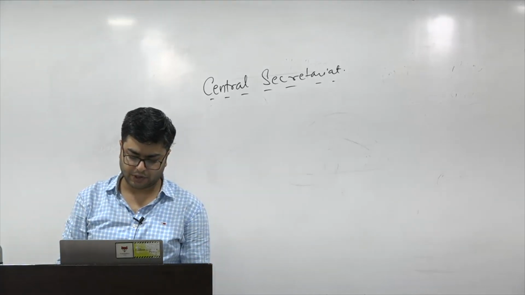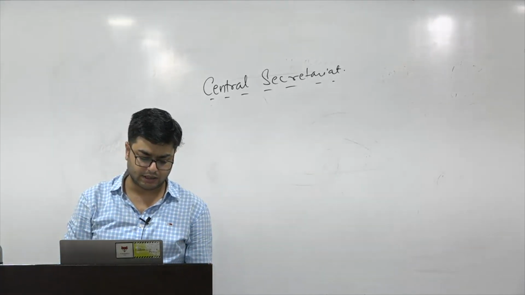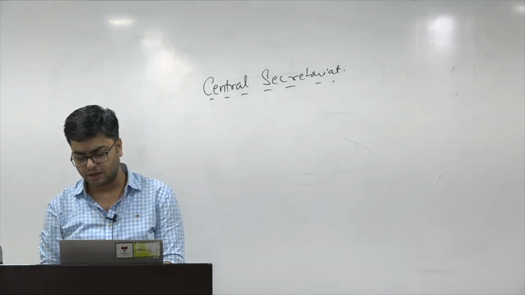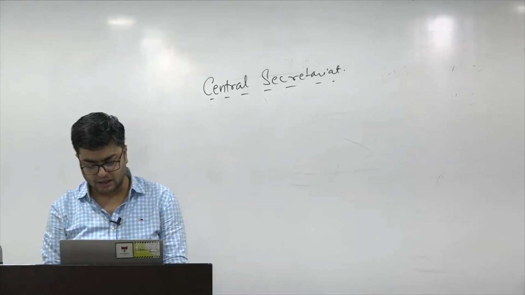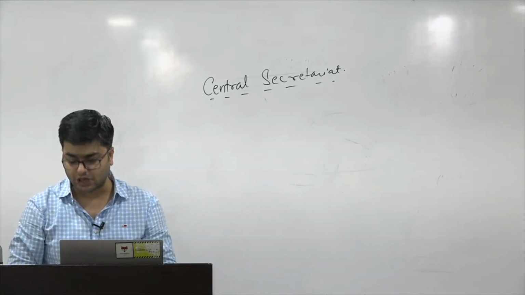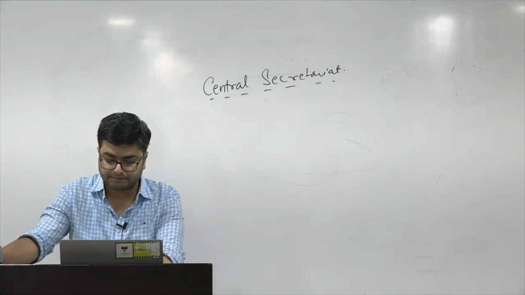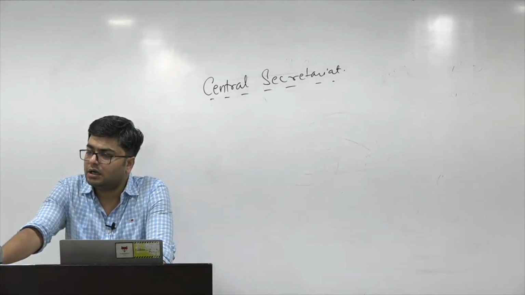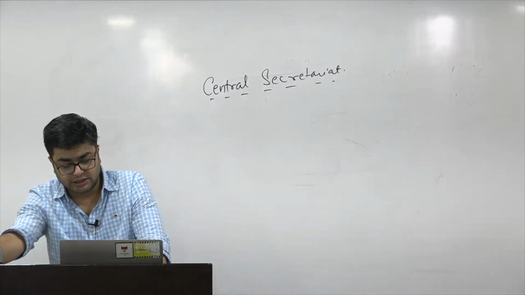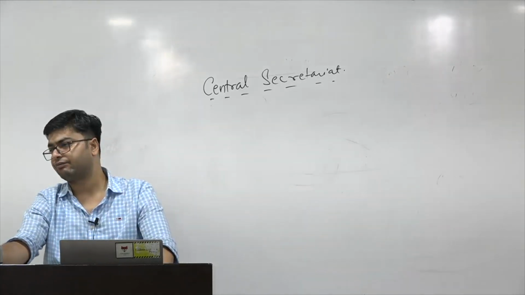So you see, under the Indian Constitution, while the executive is largely in charge of the day-to-day affairs, the governance happens at three levels: center, state and local.